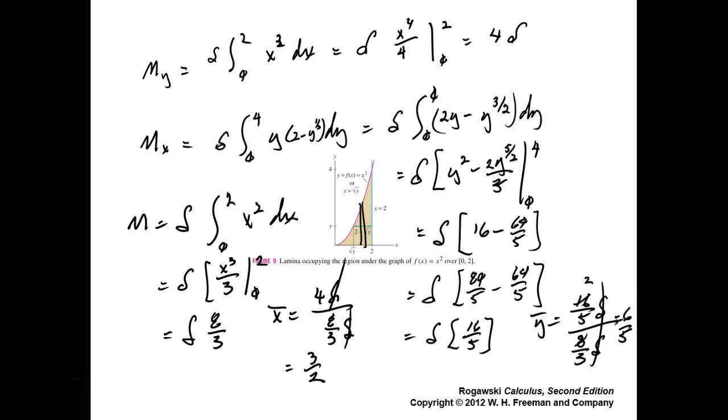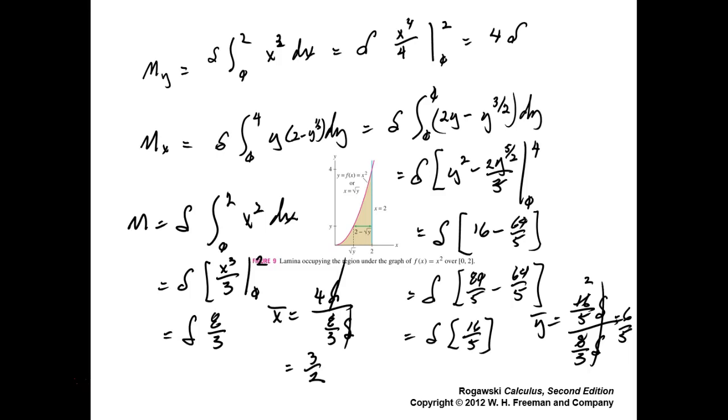Okay? So let's see if that kind of makes sense. 0 to 2 is, there's 1. Your x bar is going to be, here's 2, there's 1, 1.5. So it's going to be somewhere about here.